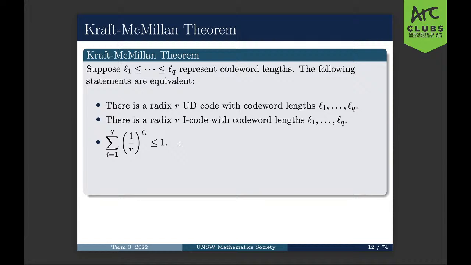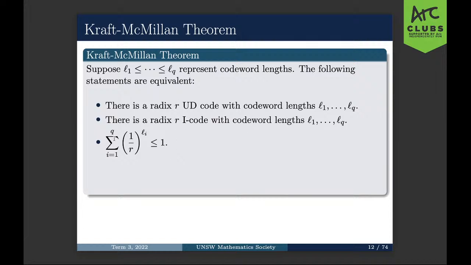The main takeaway is that if you compute the sum over here, where R is the radix and the L's are the lengths, and you get less than or equal to 1, then there is a uniquely decodable code and an I code with these lengths, L1 to LQ.